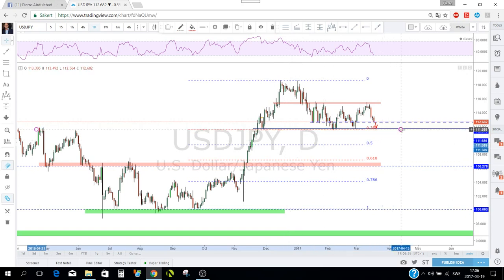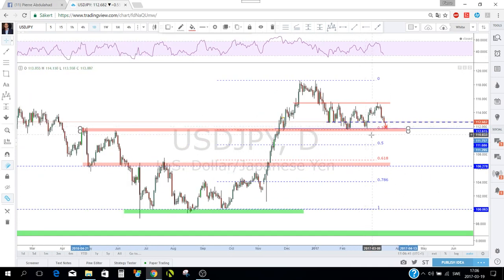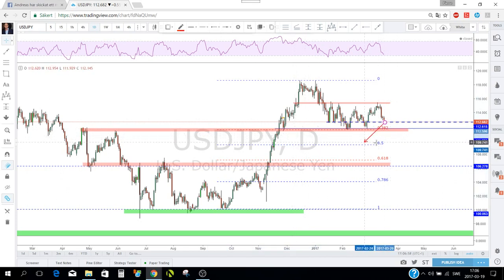This is almost the last defense structure for this pair, so I think this level is a very, very strong level if it's meant for this pair to keep going up. This one level here should hold, because if this got broken, then we have lots of room to the downside.